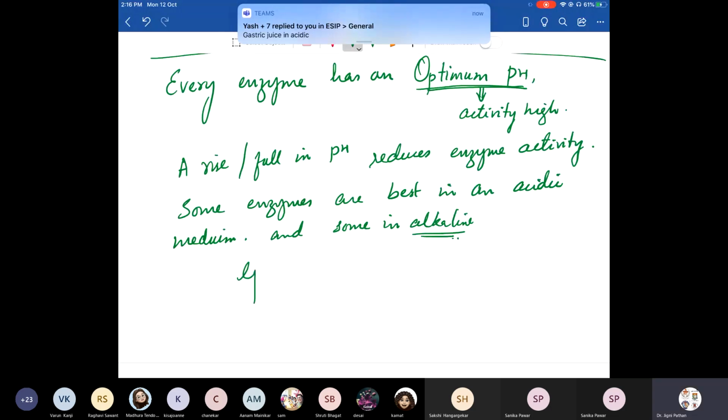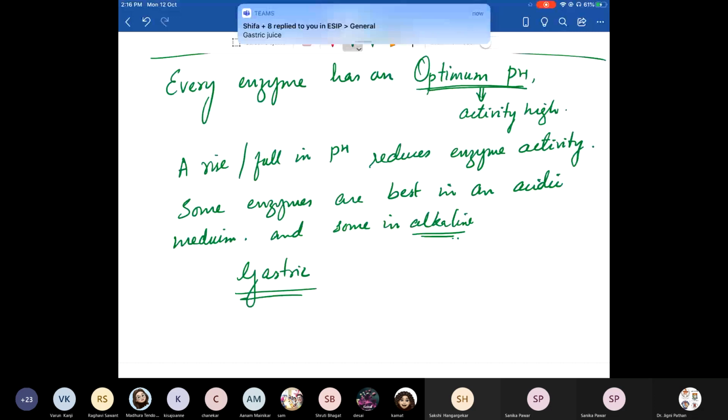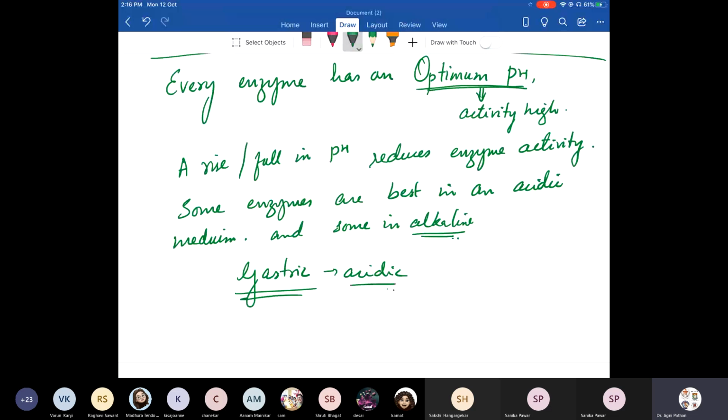Very good. Gastric, that is acidic. Any alkaline you want to quote?